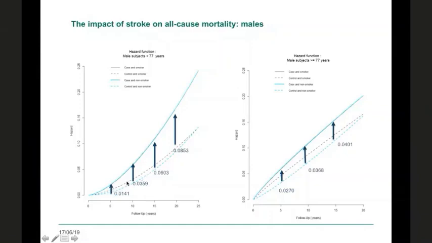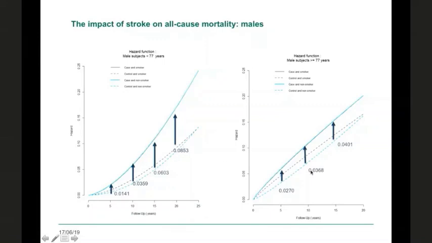The effect of stroke is quite big. So at 5 years, the difference between the risk of someone who didn't have stroke versus someone who had stroke was around 1%, at 10 years around 4%, at 15 years 6%, and at 20 years around 8%.